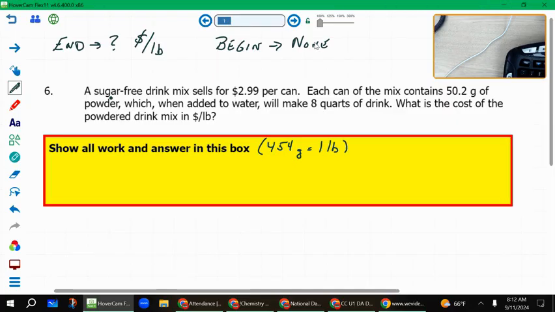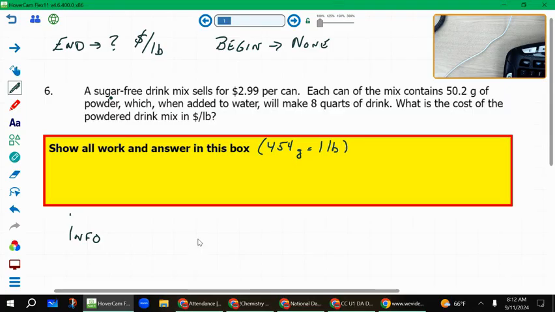Now, there is some info in here that we can use. By info, I mean it tells us that so many of one thing is equal to so many of another. So what is the first thing it tells you?